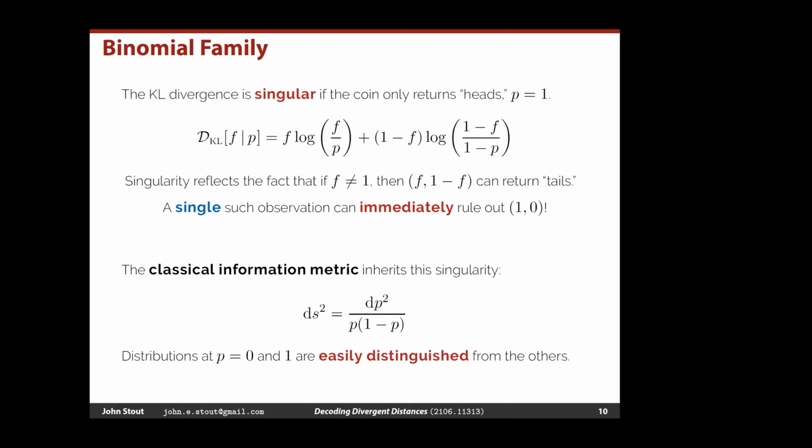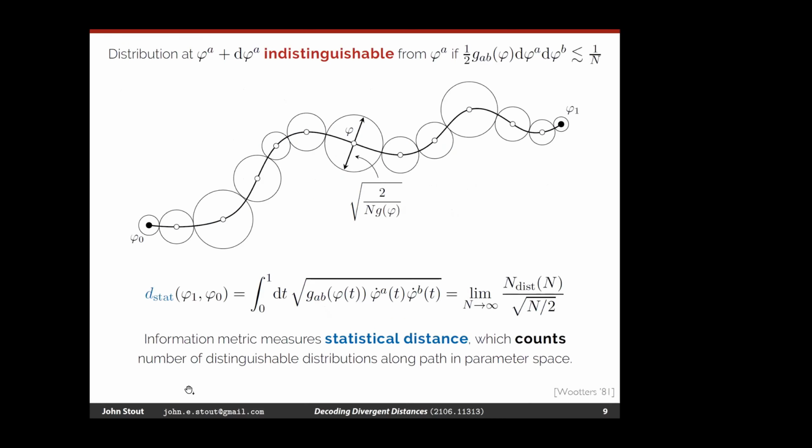Sorry, John, quick question. P equals 0 and 1 are at infinite distance in this metric then? No, they're at finite distance in this metric. They're finite, so could I say that this is like a coordinate singularity? Yeah, so because the statistical distance is defined in terms of counts, it's not quite meaningless to say that there's a singularity there.